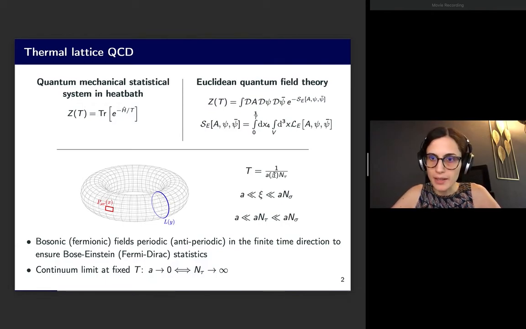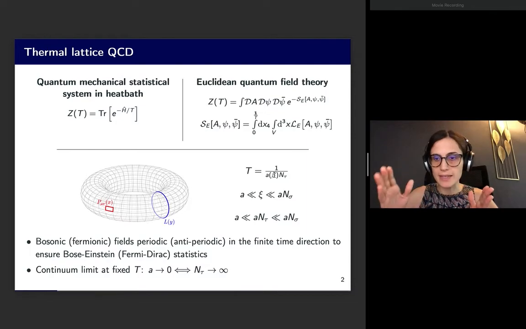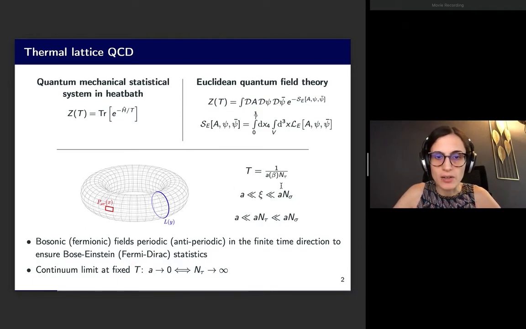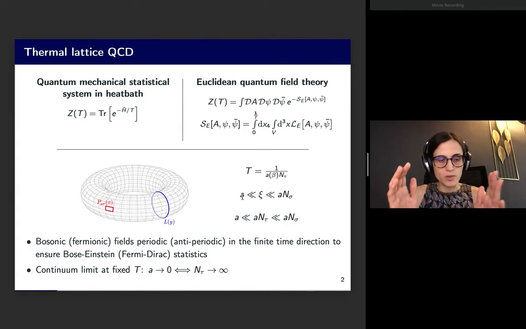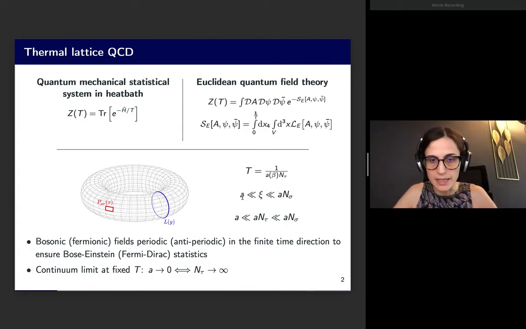Another important thing to keep in mind is that the typical length scales that you can define in your theory are separated by a chain of inequalities of the type that I wrote on the slide. So particularly, of course, your smallest length scale is the lattice spacing.